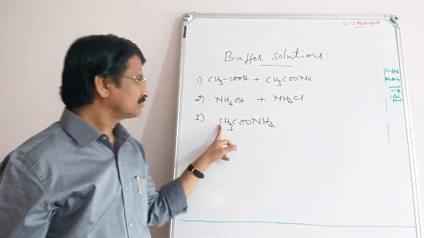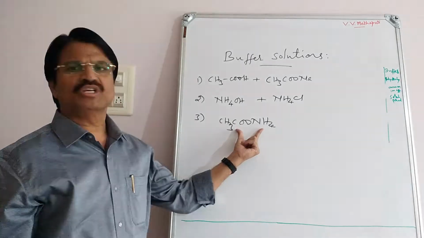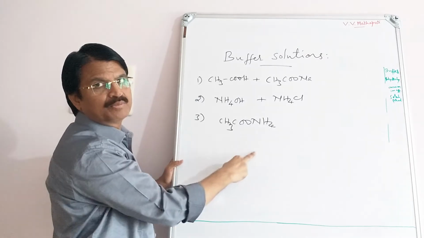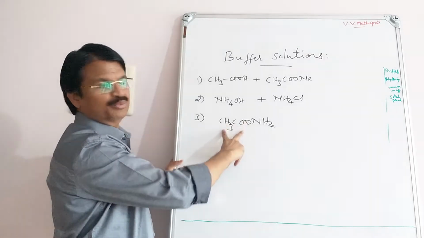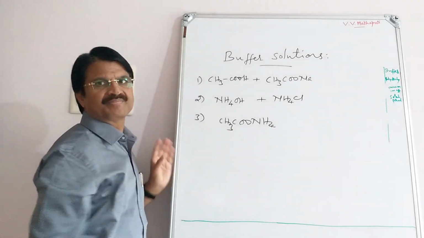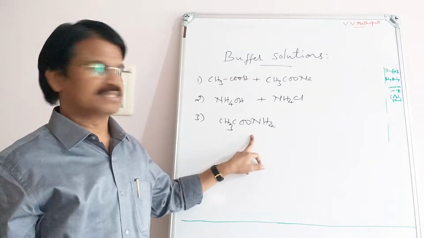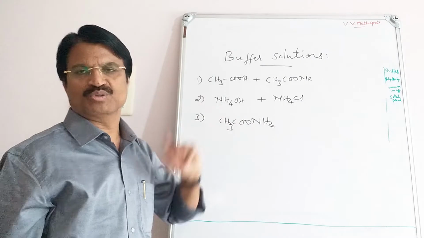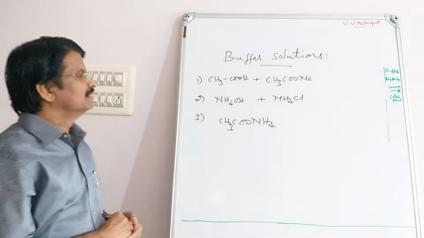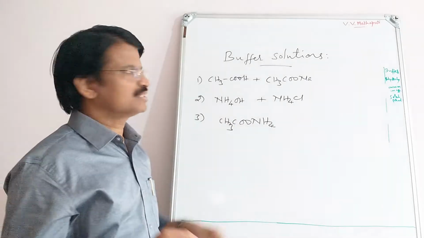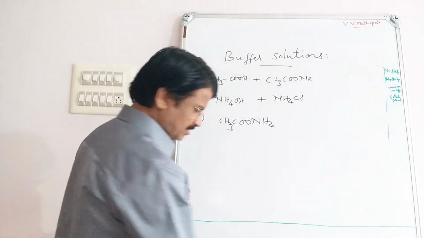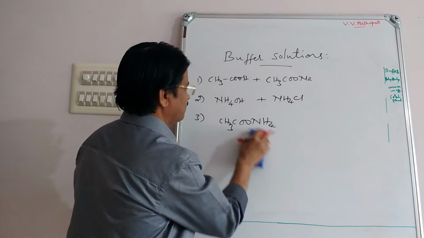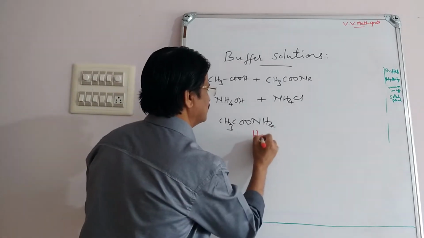Last, a solution which contains a salt formed by the reaction between a weak acid and a weak base, that type of salt solution is named a neutral buffer solution. Next, how to find the pH of buffer solutions; that method was given by the scientist Henderson.